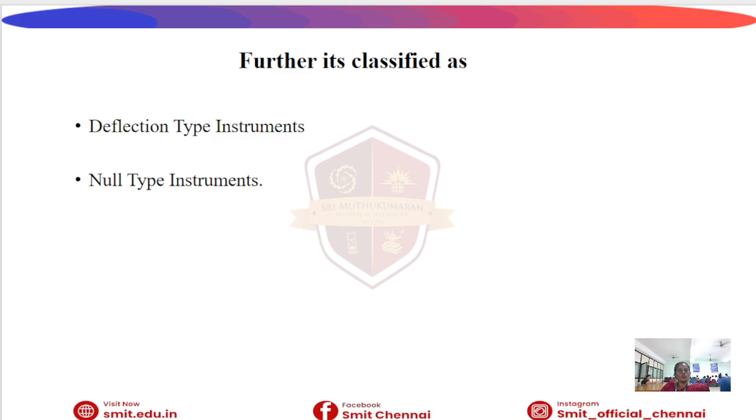Instruments can also be classified as deflection type and null type instruments. In deflection type instruments, the value of the quantity is indicated by the deflection of the pointer over a calibrated scale. For example, in an analog ammeter, the pointer moves according to the current flowing.